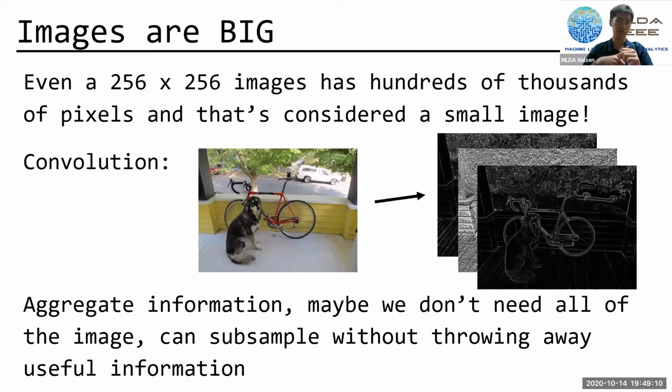We can kind of fix it with padding, but padding will have some problems with the edges. If you use this quite extensively, it will have some problems with the corners: the top left, top right, bottom left, bottom right. So how can we still solve this problem without throwing away any useful information?